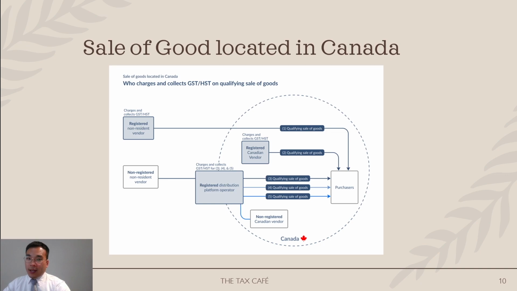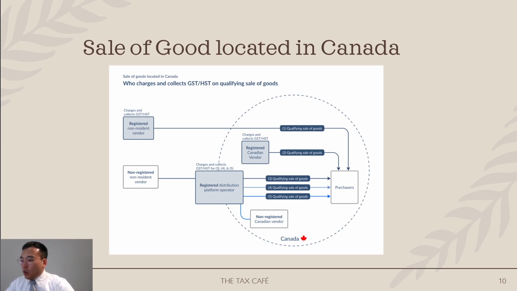So it doesn't matter whether you as an Amazon seller are resident or non-resident, as long as you have that GST, HST number registered in Canada, Amazon will not collect GST and HST for you. It becomes your responsibility to charge the GST and HST to the clients and remit it to the government. In that case, the third-party vendor will remain liable for collecting and remitting GST, HST on sales made through the platform.